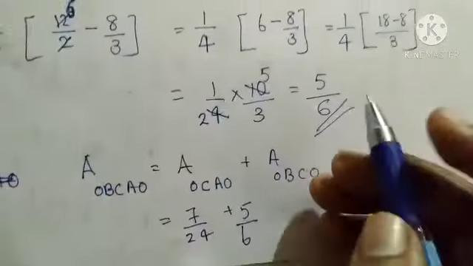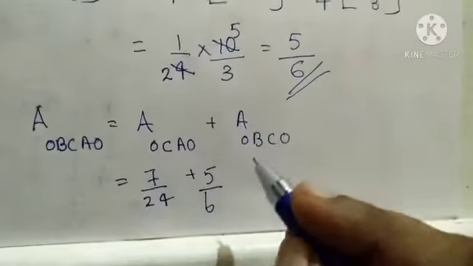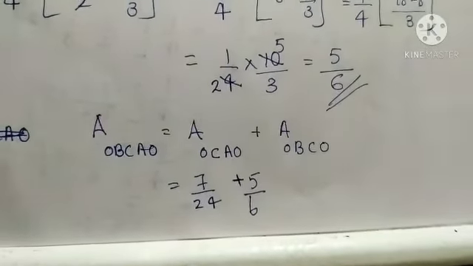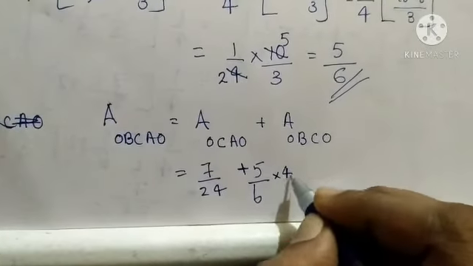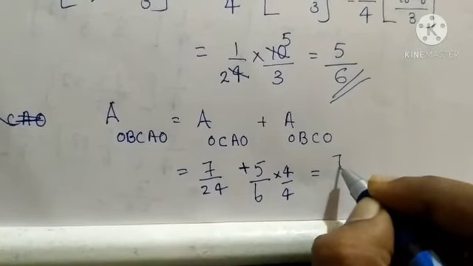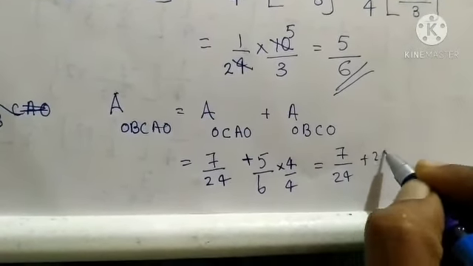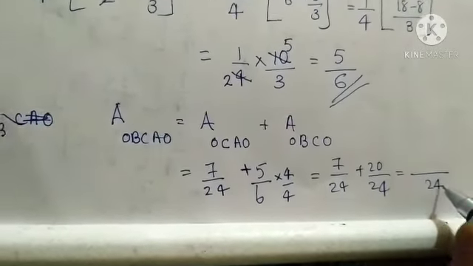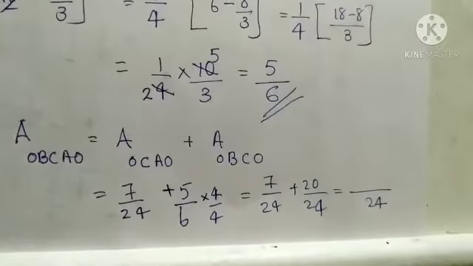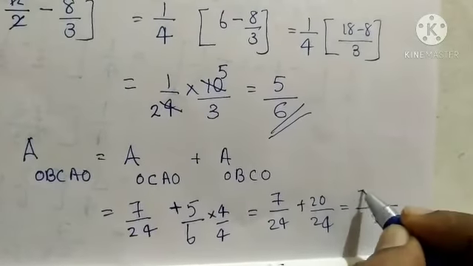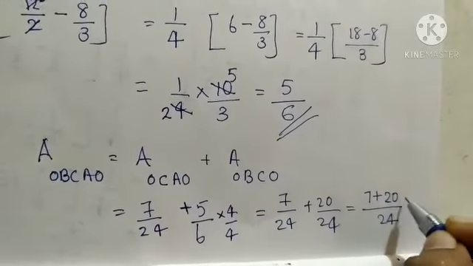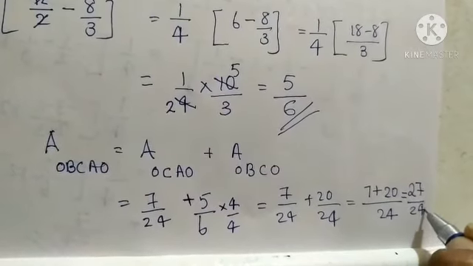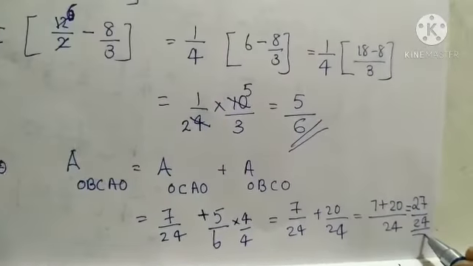Okay, so next I am going to multiply the second term with 4 by 4. So it will become 7 by 24 plus 20 by 24. So the denominator is 24, same. So we can write it as denominator is 24, and adding the numerators, it will become 7 plus 20 and equal to 27 by 24.